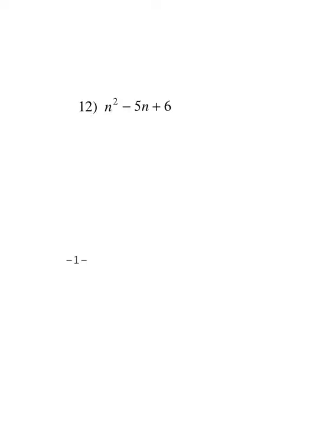So if we look at 12, we're looking for what multiplies to give me positive 6, but adds up to negative 5. So when I write my factors of 6, I get 1 times 6, 2 times 3, or negative 1 times negative 6, negative 2 times negative 3.